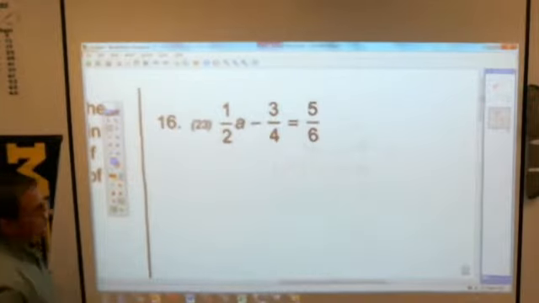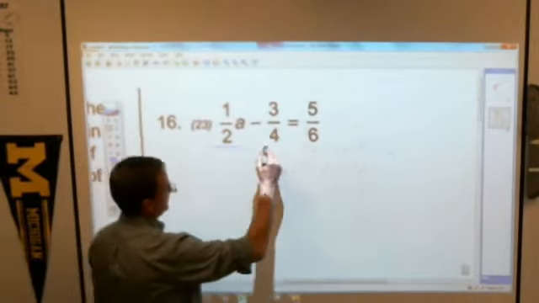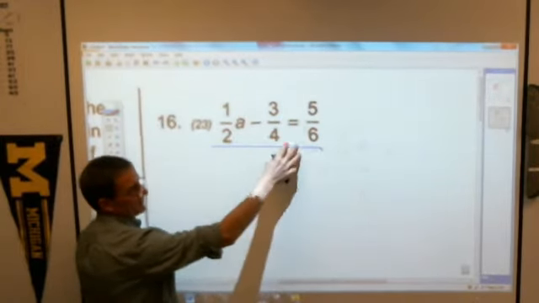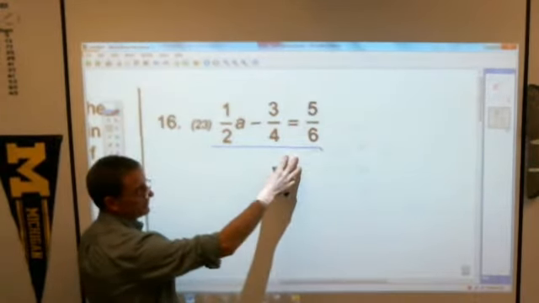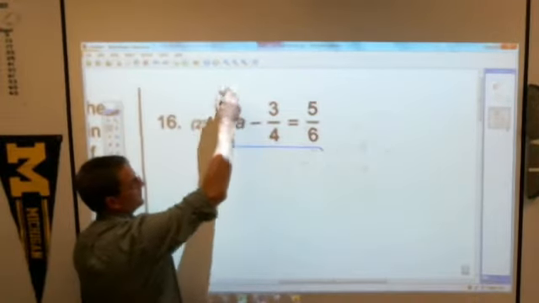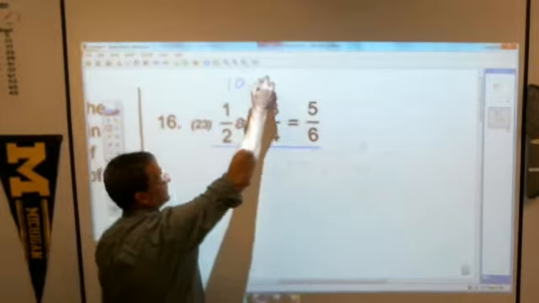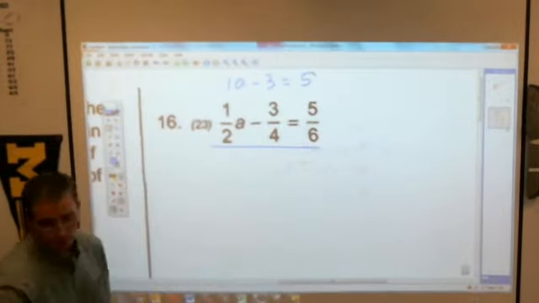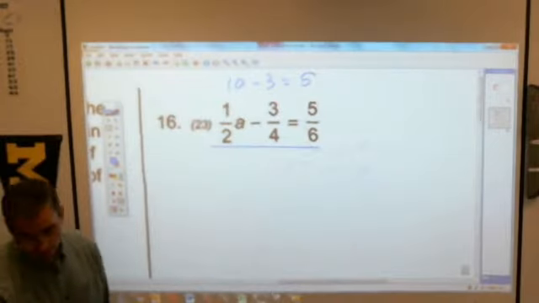Number 16, Faith? Yeah. For those of you on number 16, there's a couple different ways to think about it, but I suppose I go with this. Again, it seems like it's the fractions that confuse everybody. A lot of times, think about what you would do if there were no fraction there. What if this just said 1a minus 3 equals 5? What would be the first thing you do? Add 3.